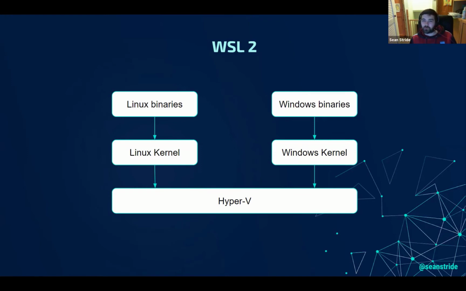As I've said, the virtualization that's used on this side is a VM. Microsoft refer to it as a lightweight utility VM that starts with a very small memory footprint, and it grows as and when you need it. But it uses much less memory than WSL1 does.